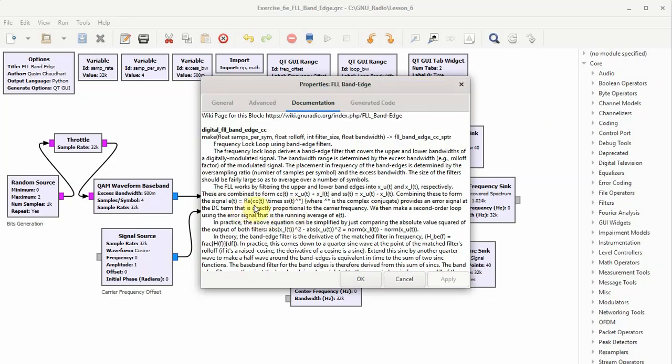The error signal is formed as the product of the even band edge filter output times the conjugate of the odd band edge filter output. The real part drives the frequency lock loop, and later in the discussion of timing synchronization, we will see that the imaginary part, or the quadrature component, of this error signal drives the timing lock loop.